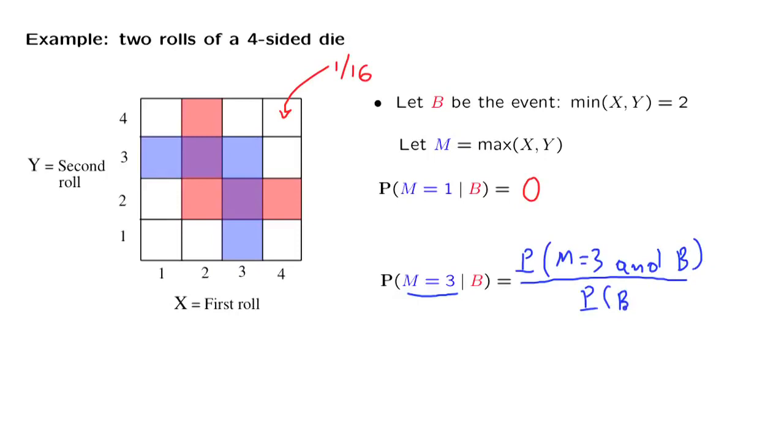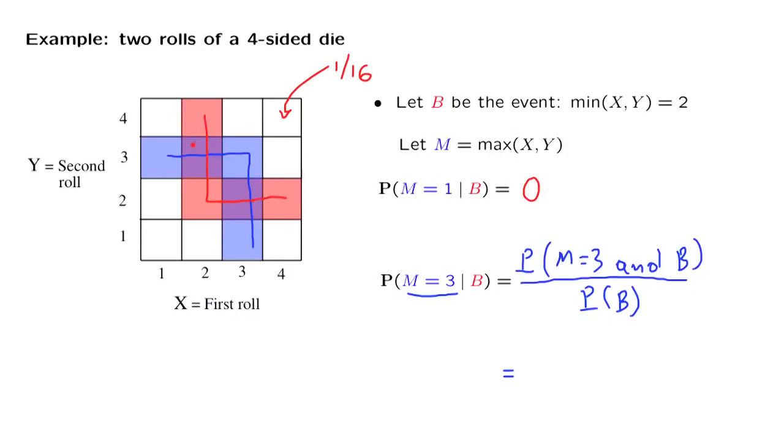That is, out of the total probability in the conditioning event, we ask what fraction of that probability is assigned to outcomes in which the event of interest is also happening. So, what is this event? The maximum is equal to 3, which is the blue event, and simultaneously the red event is happening.